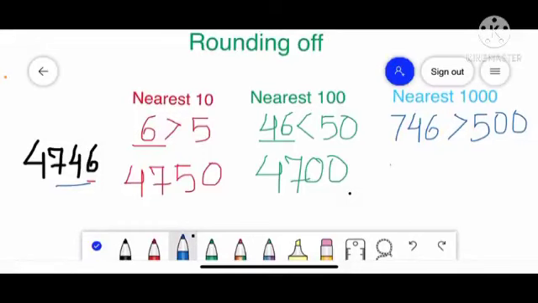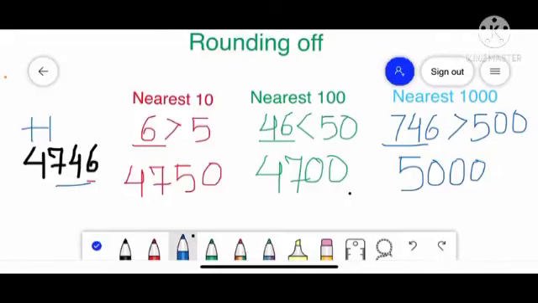If it is greater, then we are going to add 1, otherwise we are not going to add anything; we will just copy the same digit. So the digit which is on the thousands place will be increased by 1. 4 plus 1, that is 5, and the digits we are comparing will be replaced by 0. Right? This is one of the examples.